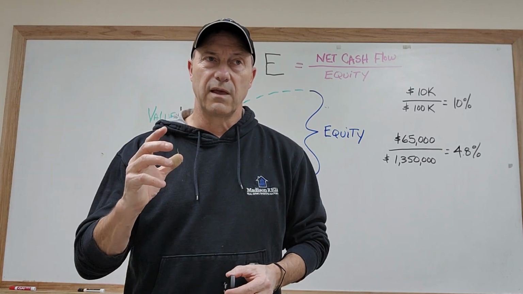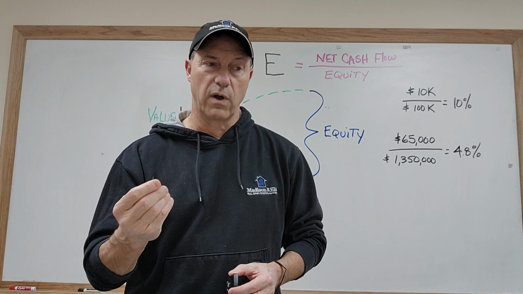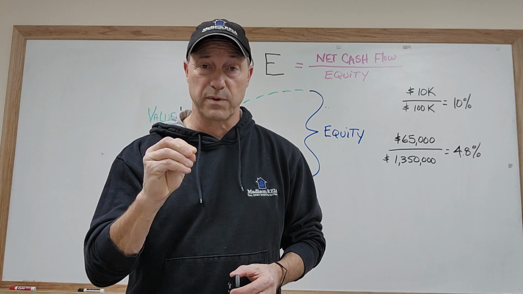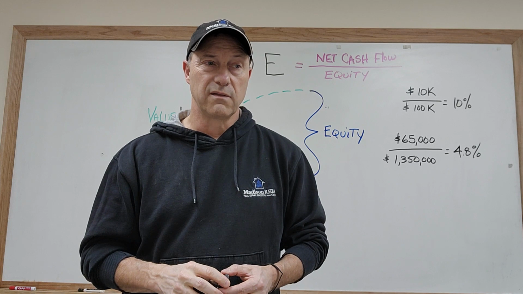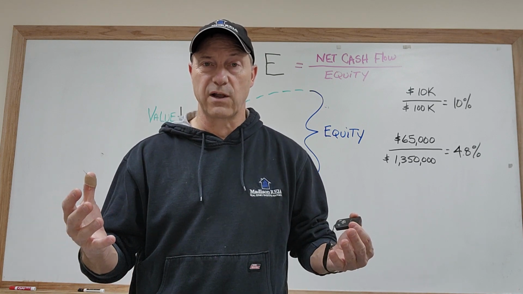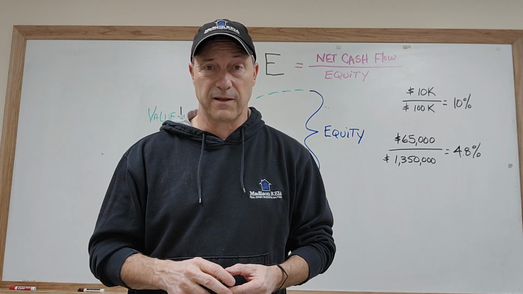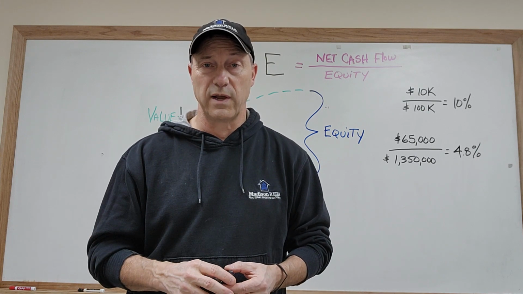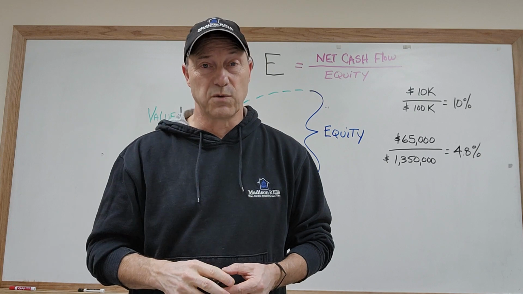And so what we really hadn't run, and I didn't know the specific number, was the value of that equity, right? Because the value of that equity can be very significant. And if you've never run this equation for your rental properties, you should really do it.